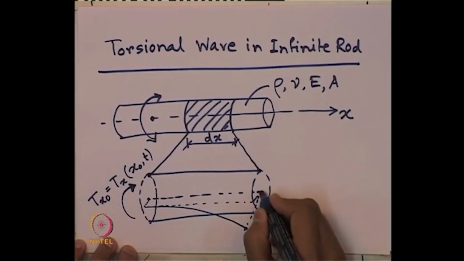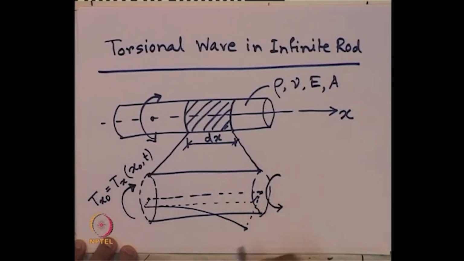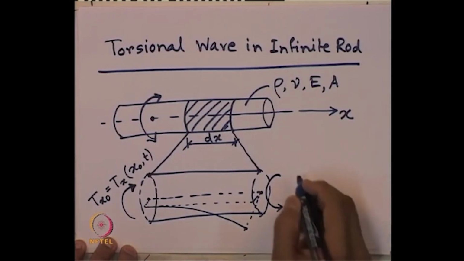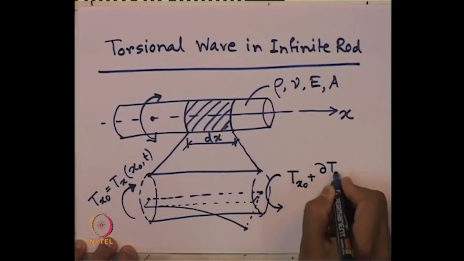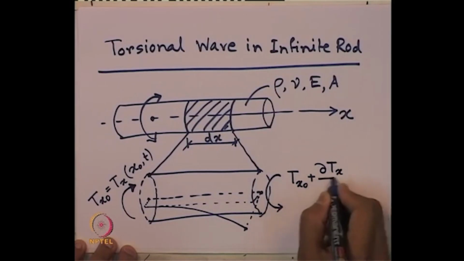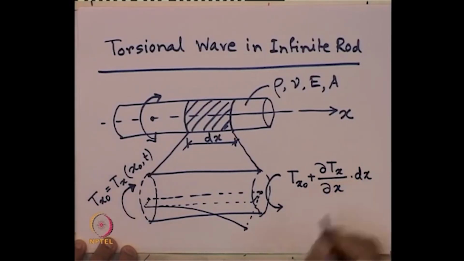So, there will be a torsion in the reverse direction, of course, to maintain the equilibrium, and this difference of torsion will occur because the wave is travelling through this media. So, that torsion is nothing but T x naught plus the increment in that torsion, del T x by del x over the length of dx.